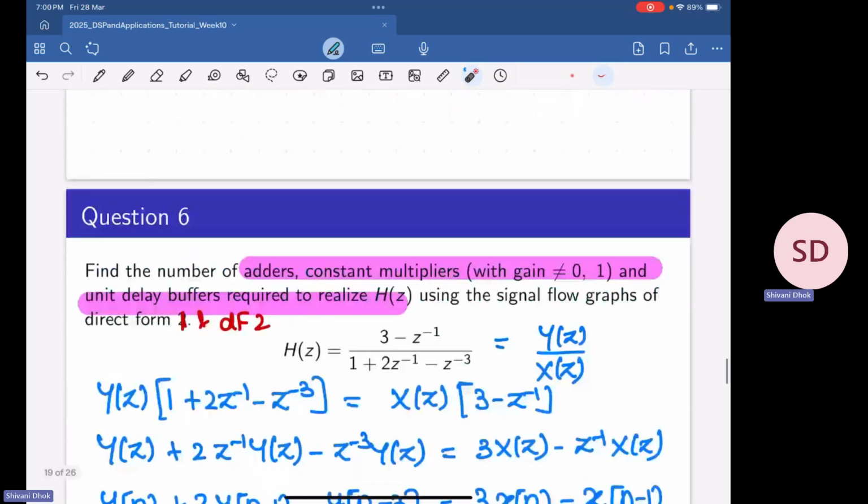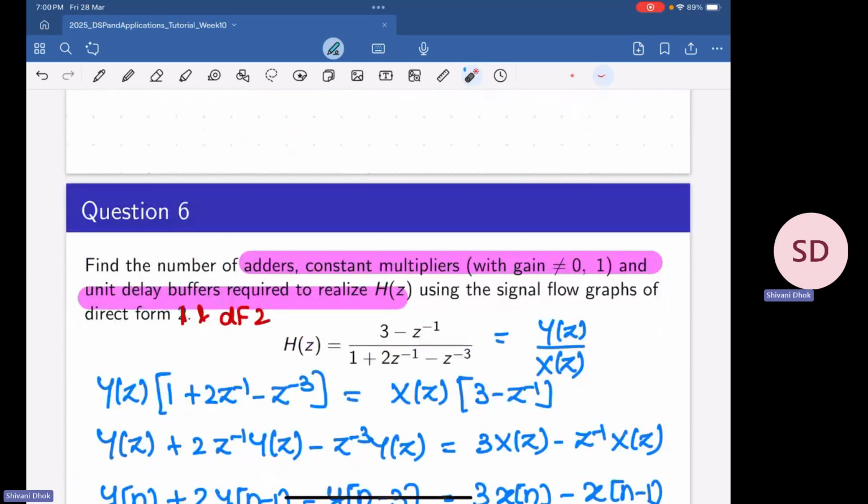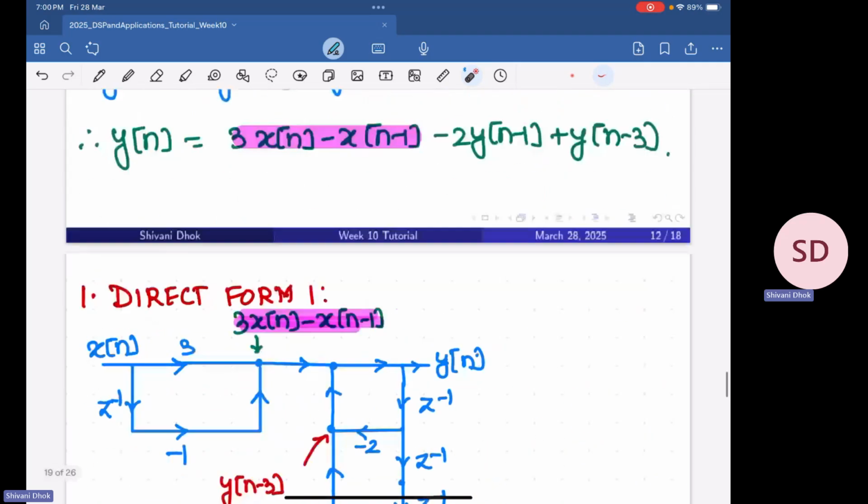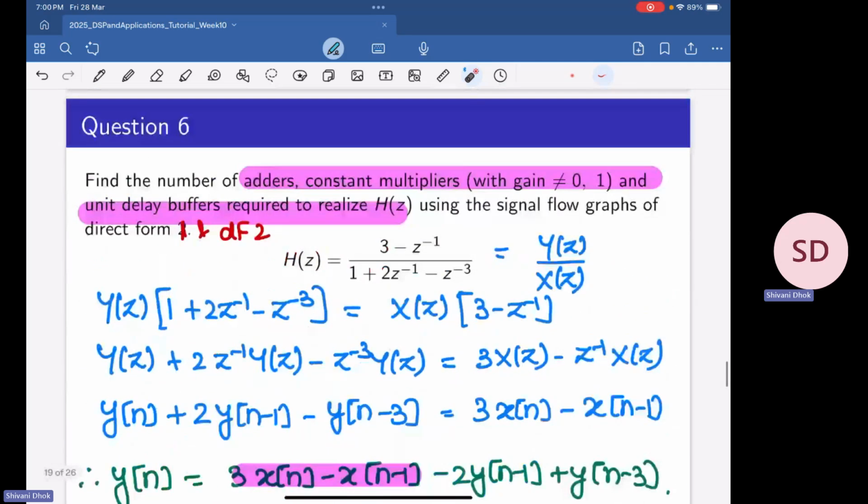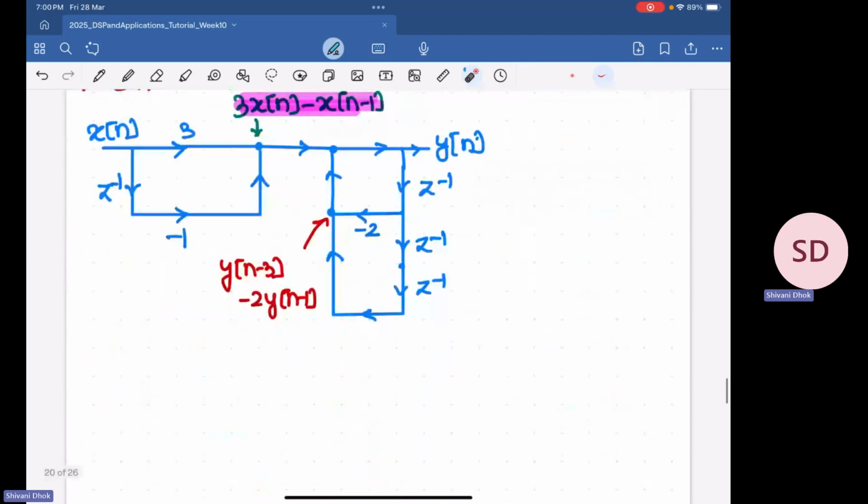And now what we need to find? We need to find the number of constant multipliers, adders, and unit delay buffers. So let us go step by step. Let's do adders first. How many adders do we have? How to identify adders? It should have 2 incoming arrows and 1 outgoing arrow.